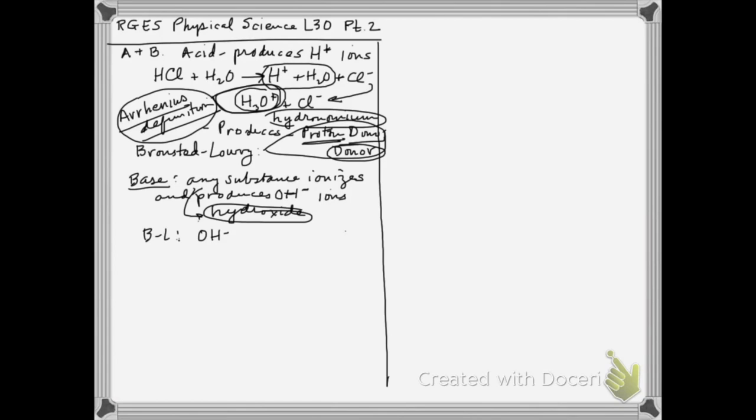So these OH ions are produced. According to Bronsted-Lowry, when you produce OH minus, you are saying this is a base, it is a proton acceptor. This base is a proton acceptor.